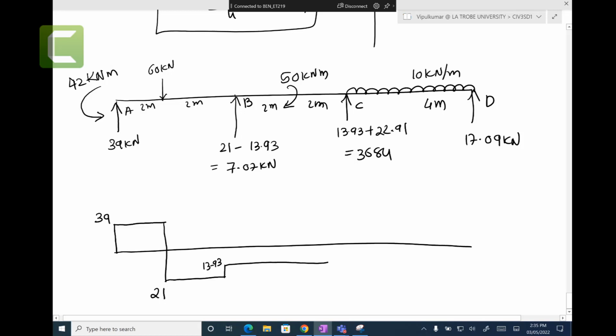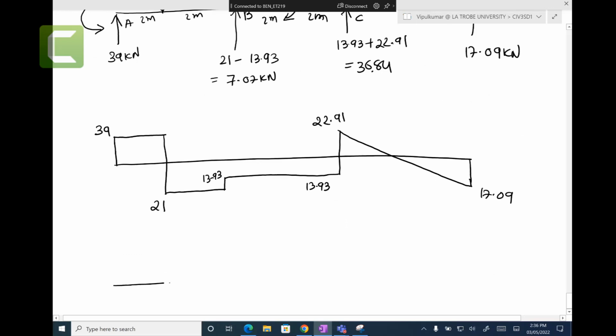Going across, that is 13.93. Take away 36.84, 22.91. And 17.09.